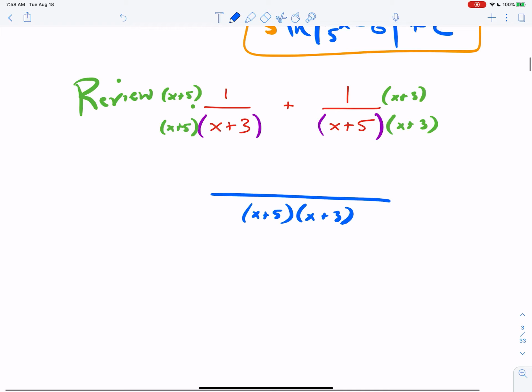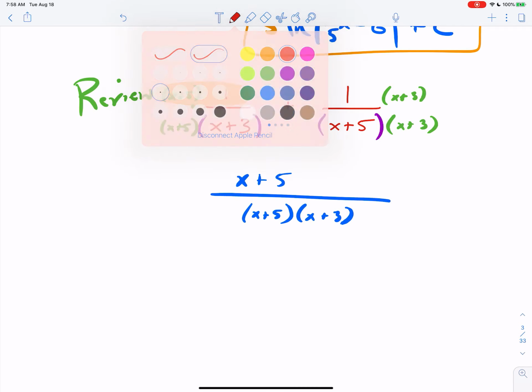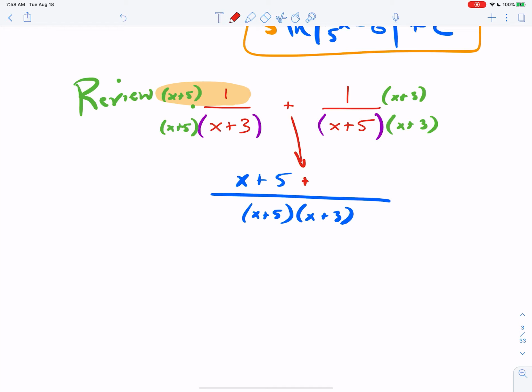So at the very top here, I'll highlight it. I have x plus 5 times a 1, so if I distribute that, I'll end up just getting x plus 5. And then I have my plus sign here. And over here, if I distribute that 1 to the x plus 3, that's pretty easy to do. That's just x plus 3.